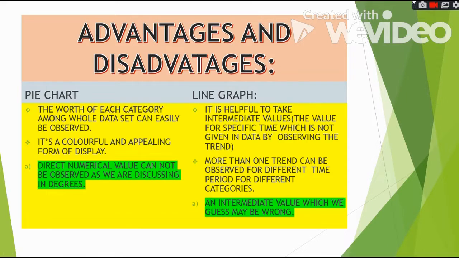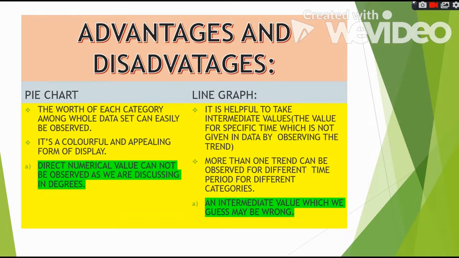Advantages and disadvantages. Let's read for pie chart first. The worth of each category among the whole dataset can easily be observed. Just like the apple, pear and bananas example, if you remember the pie chart, you can see the major portion, minor portion, which category is having how much part of the whole data set.